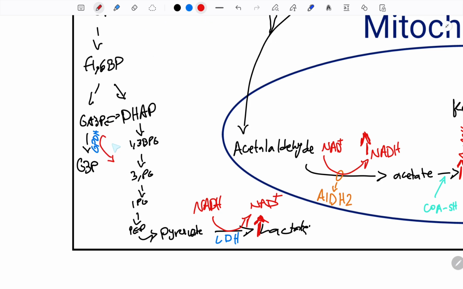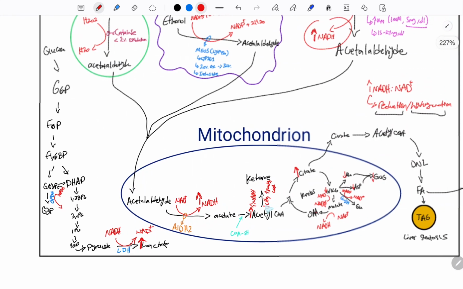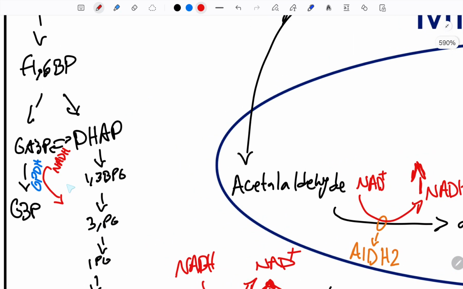This reaction takes NADH. So again, the high NADH levels not only slow down the Krebs cycle to elevate the citrate levels to lead to high fatty acid production, but they also promote the formation of the glycerol needed for triacylglycerol synthesis.